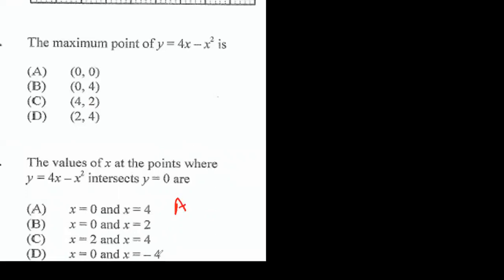D is a red herring because it has -4. Very close. Again, you see how CSEC operates, right? The actual answer is very close to another answer. That's how, if you're not sure, you can actually gauge it. One has the exact numbers except for that minus sign.